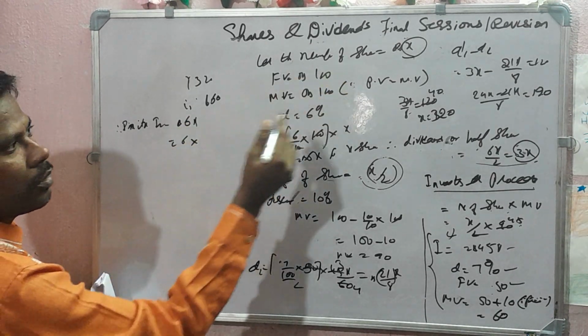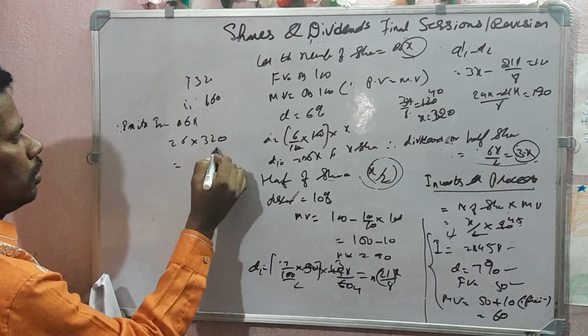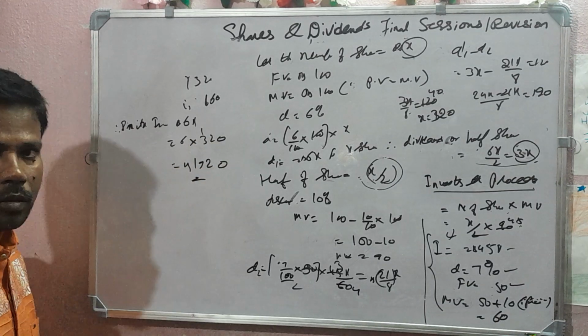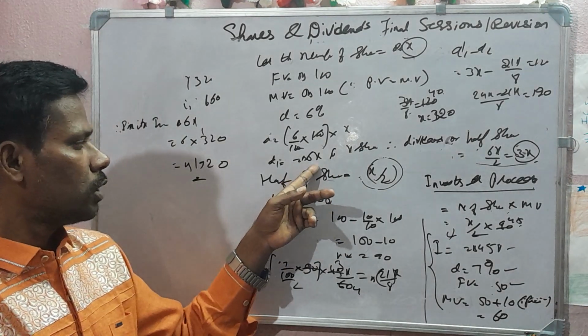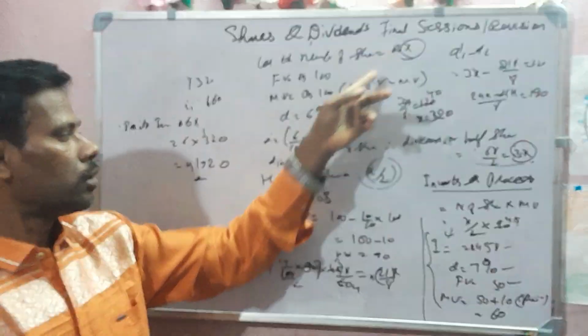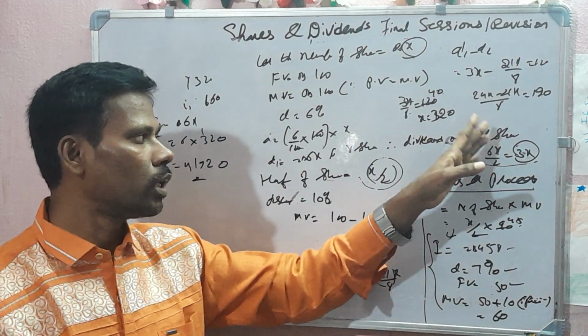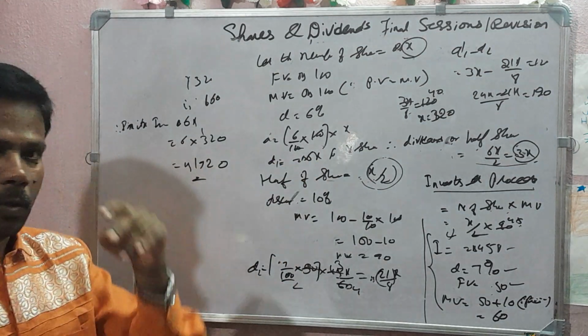So 6 into 320, 6 2s are 12, 6 3s are 18, 19, 1920. So his original income is nothing but this one on complete shares. 320 shares are there. Dividend on complete shares is 1920.